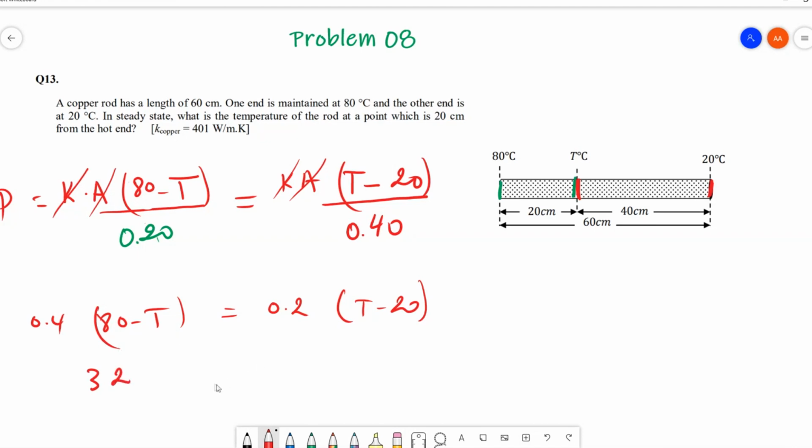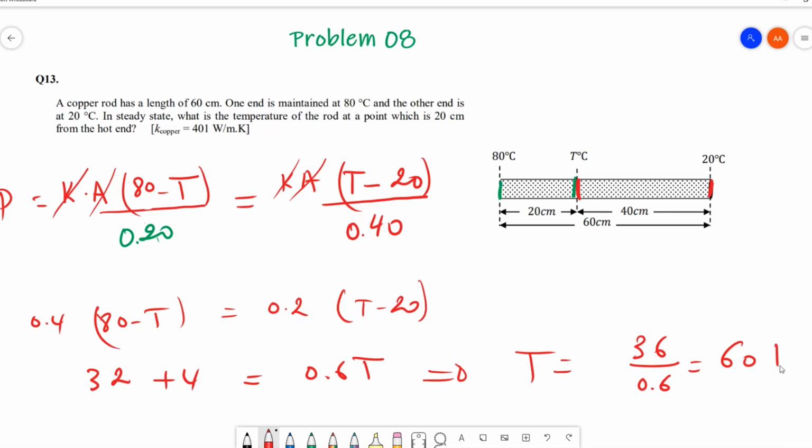And here 0.6 multiplied by T, and this one will give me minus 4, plus 4 here. So T should be equal to 36 over 0.6, and this should be equal to 60. So 60 Kelvin, right?